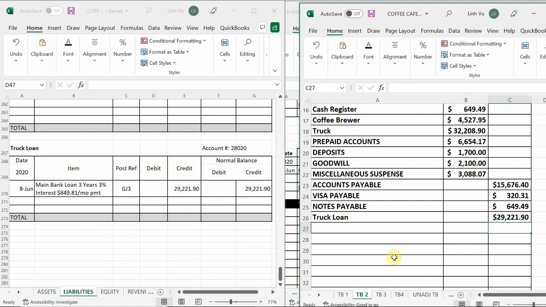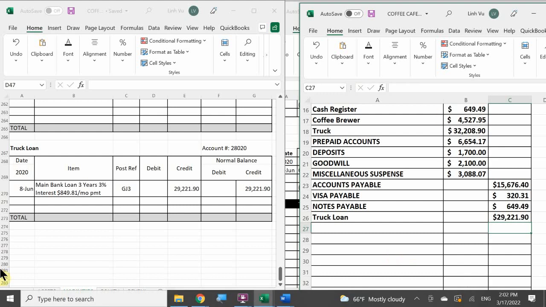The accounts payable is a bunch of different vendors. I owe the credit card company, I owe one business on an account, and I even owe the bank $32,000. I'm sorry, $29,000. So in this case, not looking too good here. We're owing a lot of money.